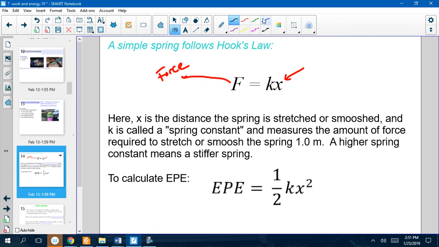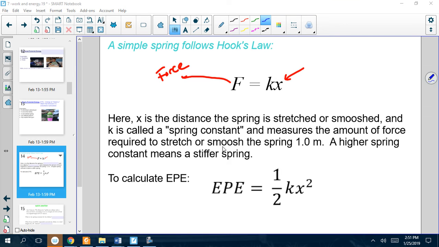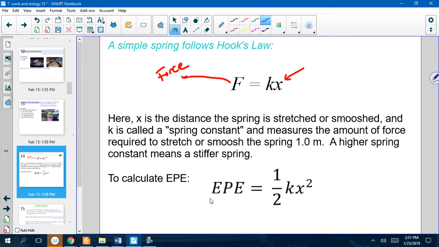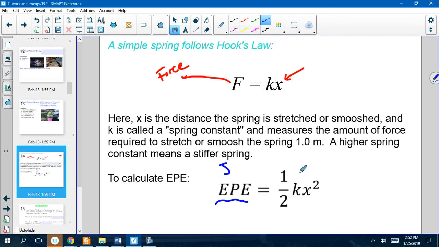The other equation that we're going to need to know is how we calculate elastic potential energy. Right here, EPE. Again, that's measured in joules. And that energy is equivalent to half of our spring constant multiplied by our displacement squared.